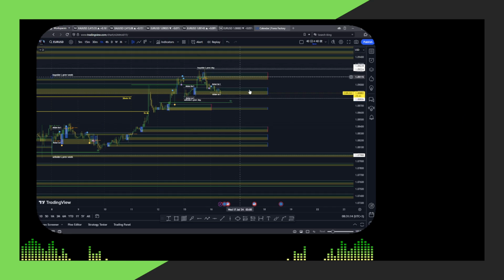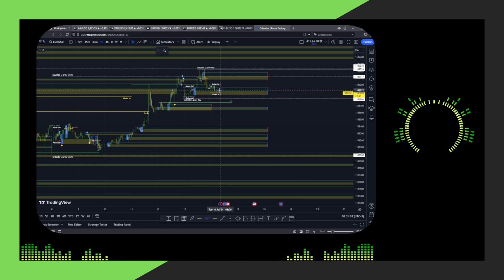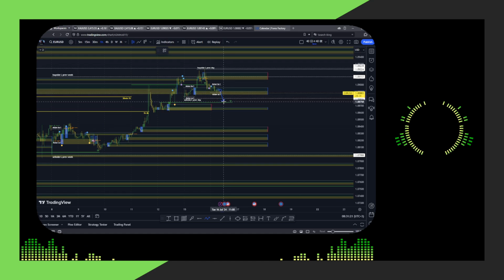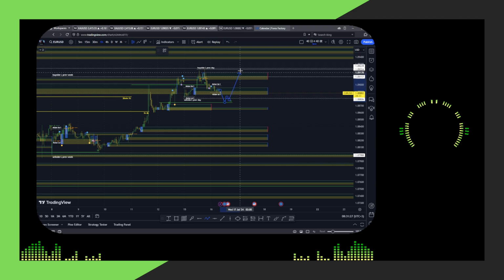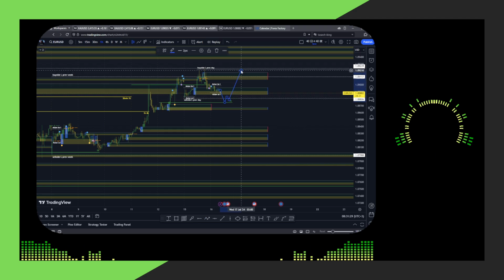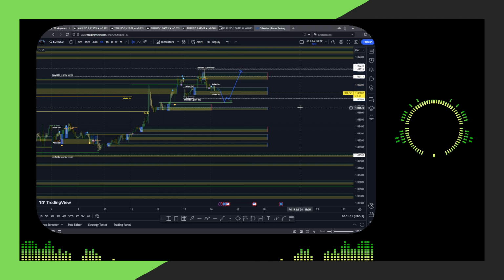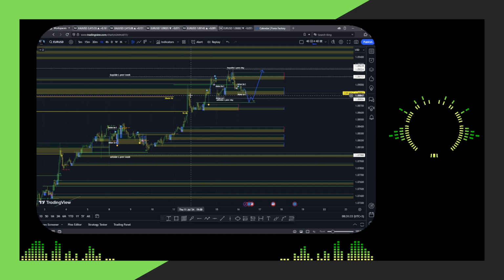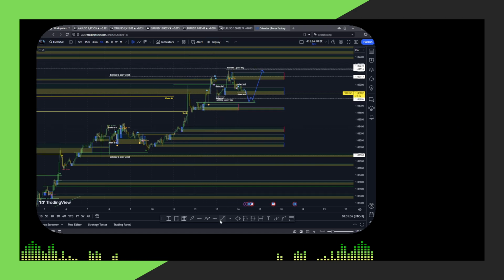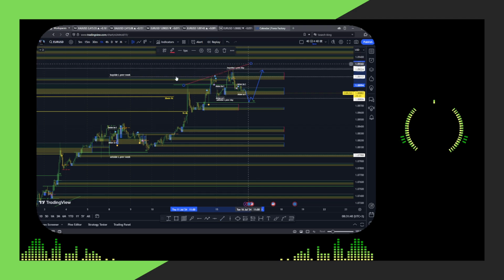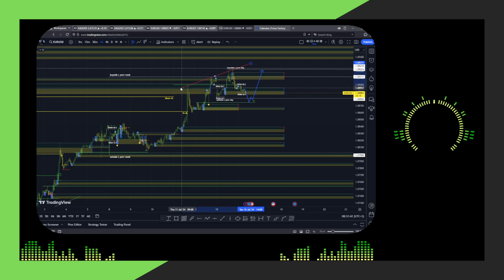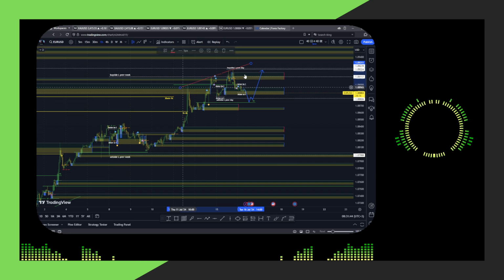Or the most likely place the price may look to grab some liquidity is this particular point, and if it does grab liquidity from here, we may see something like that, and we may continue the push to the upside, since the price is on a bullish trend.